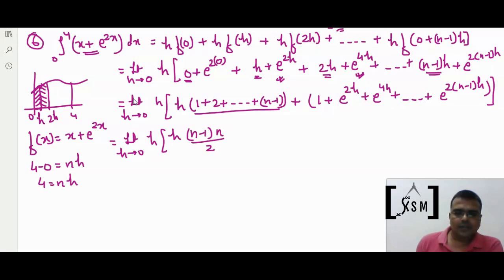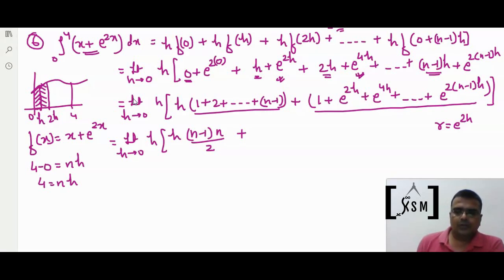Sum of n minus 1 natural numbers, plus 1 plus e to the power 2h and so on. If you observe this, this is actually a geometric sequence. Every time e to the power 2h is being multiplied, so basically the common ratio is e to the power 2h. So we are using the formula for the sum of a geometric sequence.